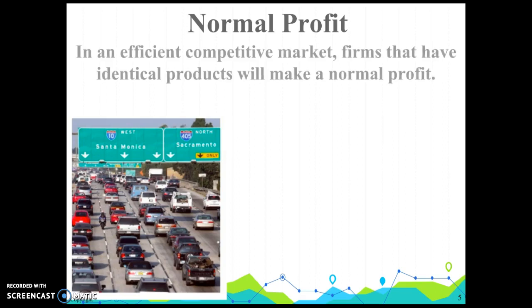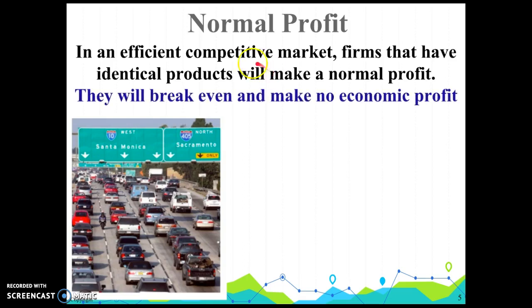There's this concept called normal profit. So a normal profit sounds great, kind of, but a normal profit just means breaking even, right? No economic profit is the same thing as normal profit. Get this in your head right now. When we say the firm made a normal profit, we mean they made no economic profit.